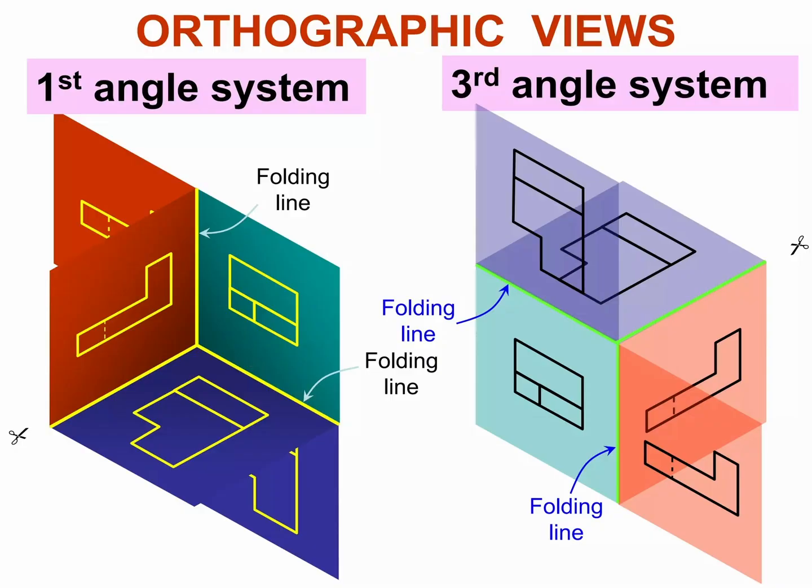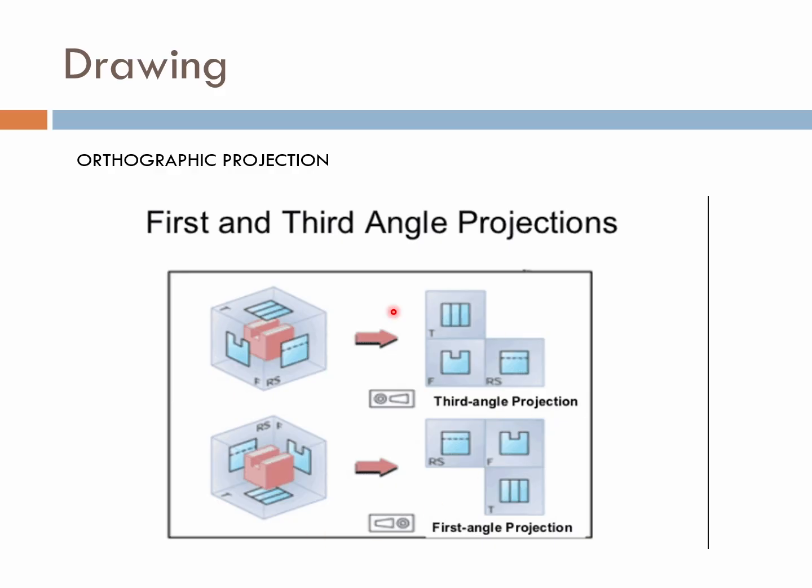Okay. Now, the other thing is that here we go. Here's another way to look at it. Same thing. You see how the reflection, you don't see, you're not here. You see exactly what's on the front side. On first angle, you're seeing the reflection on the back wall. It's almost like you're shining a light into it, and you're getting the image on the back.